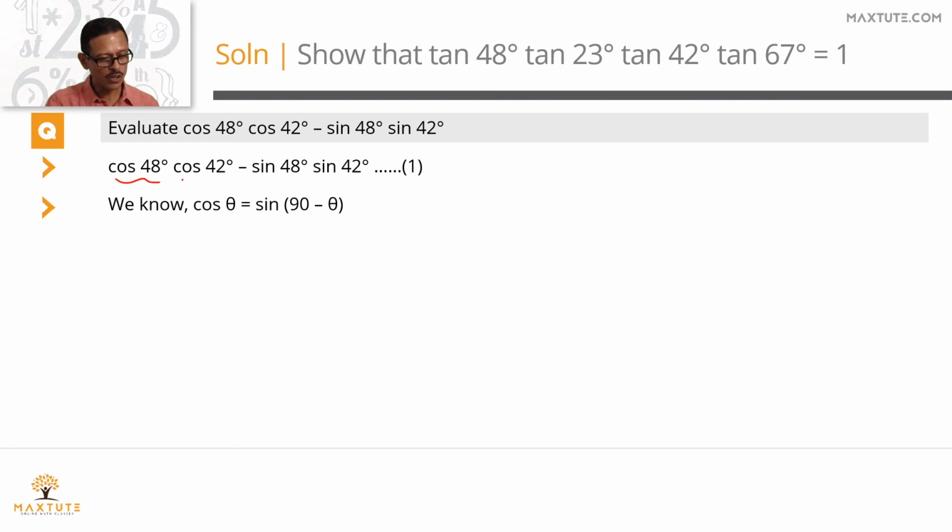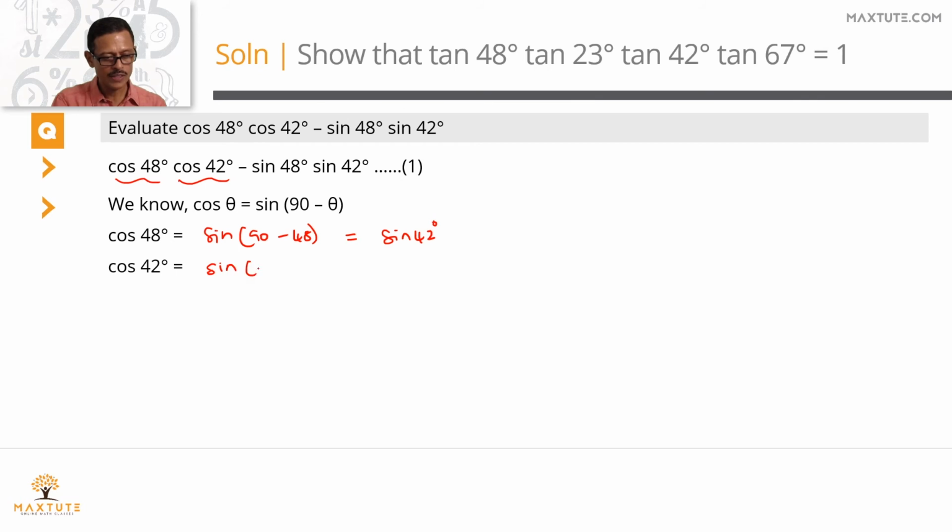Let's write both cos 48 and cos 42 in terms of sin. So cos 48 is going to be equal to sin of 90 minus 48. Sin of 90 minus 48 is equal to sin 42. Similarly, cos 42 is equal to sin of 90 minus 42, which is equal to sin 48.